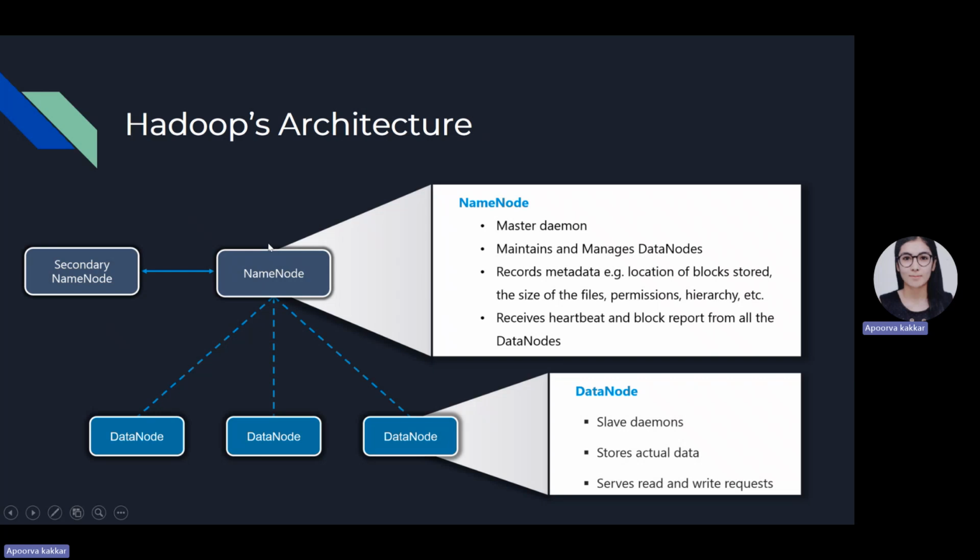Then I can directly do my read or write, whatever is required. If there is some issue with the data node, the name node will not receive any heartbeat from it and will not provide its address. Then the name node will provide the address of some other data node where a replica of that same data is stored. That is how Hadoop is fault tolerant.